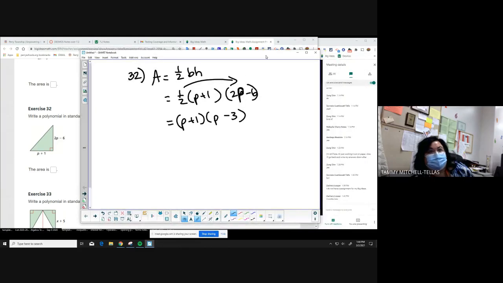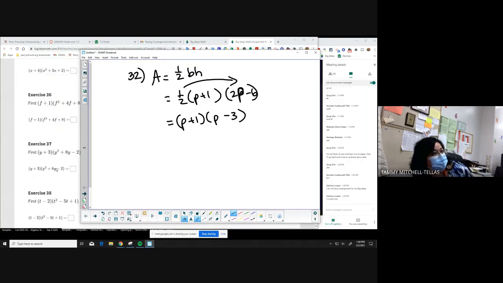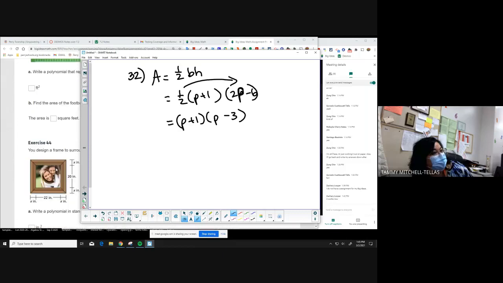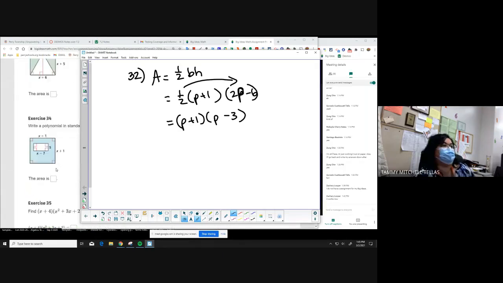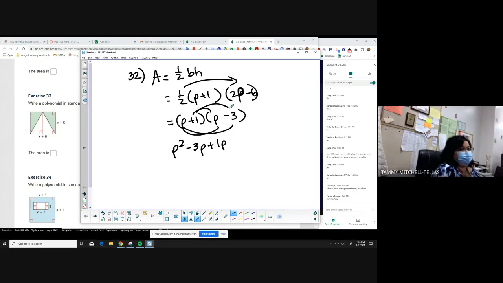Is there another one that you'd like to see? Take a look at 33, 34, 43, and 44. Those are your story problems. So you have to FOIL, so that'd be p squared minus 3p plus 1p minus 3. And then you'd add the two in the middle together.